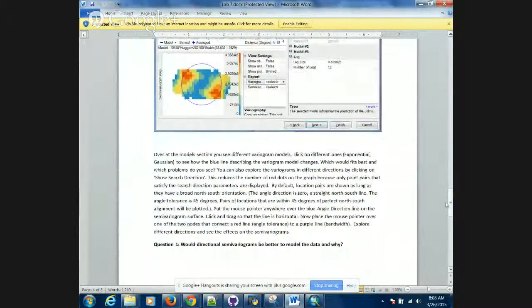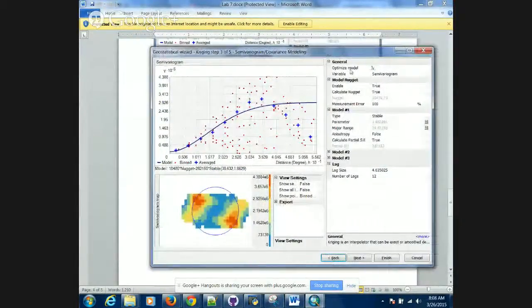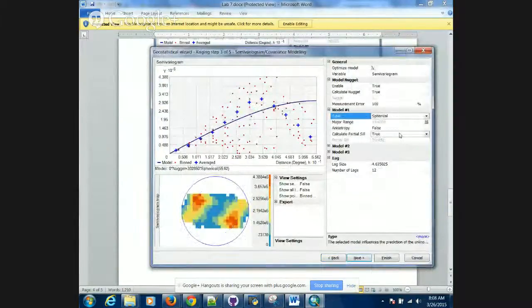All right, we're going to experiment by looking at the different models, exponential, Gaussian. We're going to look at the blue line and see which one we think fits the data the best. So we got stable. We're going to experiment with a few others. Spherical. Okay. That one seems to do a pretty good job.